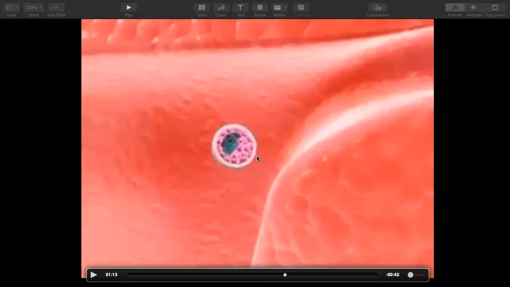So for blastocyst, you should write from which days you will see the formation of blastocyst, and then how it is formed. Next you will write the parts of the blastocyst. You will draw a diagram with it, and then you will write the fate of the blastocyst.